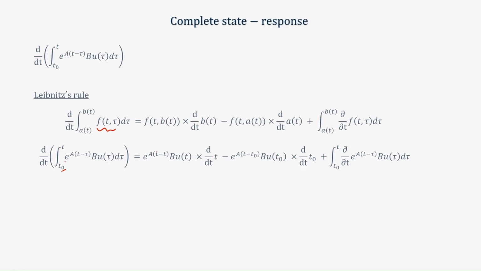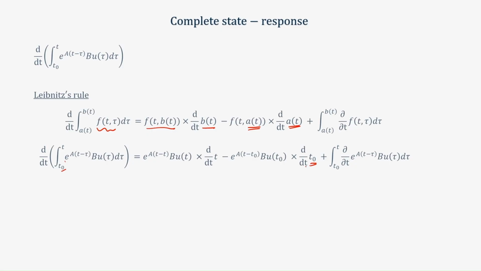So, tau will be replaced by b(t), and b(t) is t here. So, tau is replaced by t in this case. So, we get this will be t, and then d/dt of b(t), b(t) was t, so d/dt of t, minus f at a(t). Now, a(t) is t naught here.